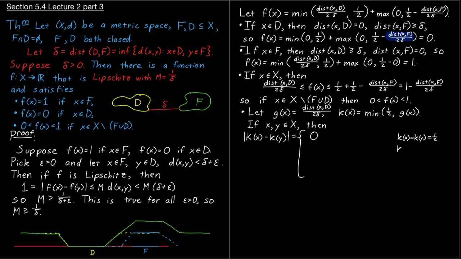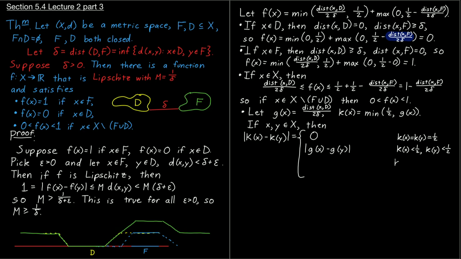Second option is that k of x is less than 1/2, k of y is also less than 1/2, in which case the k's are both g's, so we're left with g of x minus g of y, absolute value.